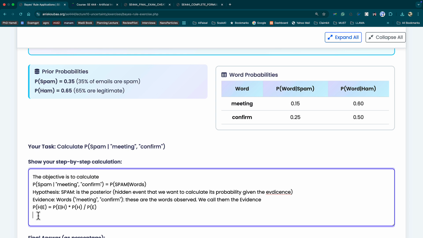So applying this, P of spam given words is equal to the probability of words given spam multiplied by the probability of spam, divided by the probability of the evidence, which is the probability of words.